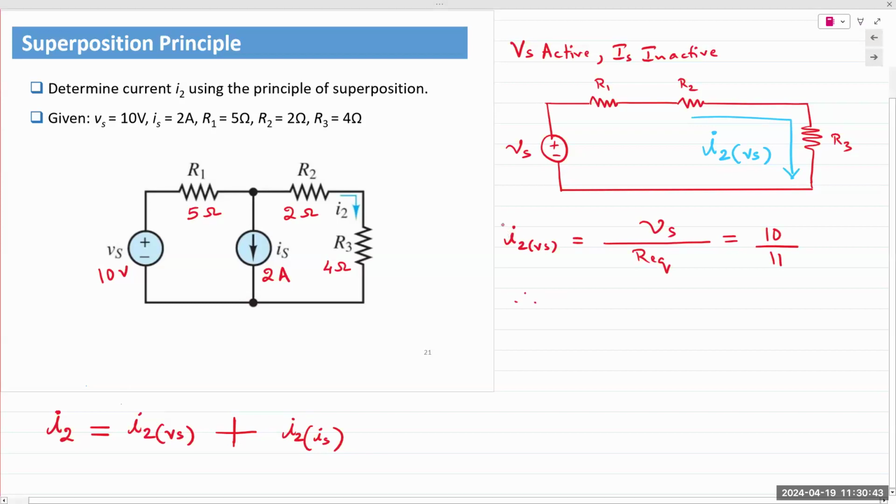If you have a calculator, go ahead and calculate this and let me know if you arrive at the same answer. Yes, 0.909.